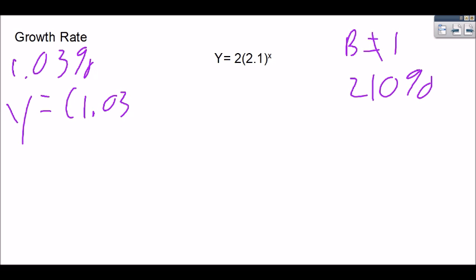So what this equation says, I had 2 people and they were growing by 210% each year, or pretty close to doubling each year. So if it was just 1, that means keep everything the exact same, 100%, no growth, status quo. So that's why it has to be some number other than 1.